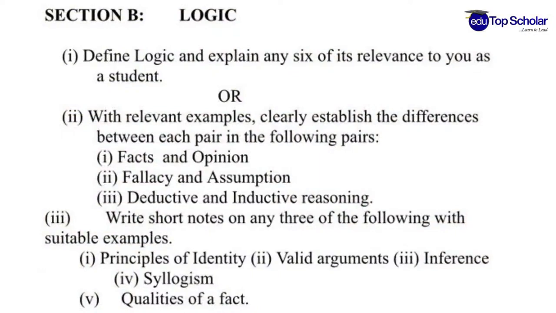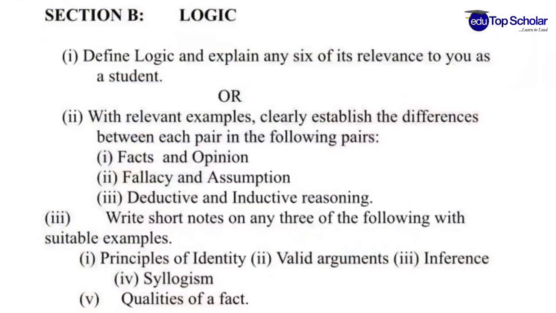Now back to our conversation on valid argument. I said an argument is valid when the premises, known as the reasons, support the conclusion. For example, if I say all men are mortal, that's an example. Let me just say this.